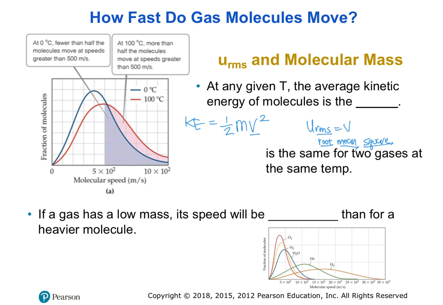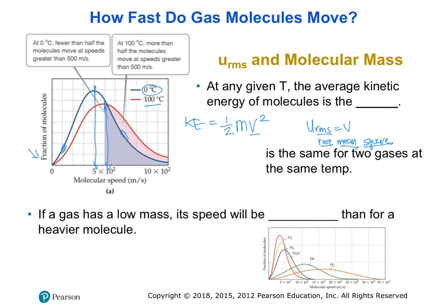Because if we look at this graph over here, some molecules are moving slower, some molecules over here are moving faster, and as we heat it up and get to higher temperatures, we shift. So the peak, or the majority of the molecules, are moving at a faster speed compared to when they're at a lower temperature, when they're moving at a slower speed.